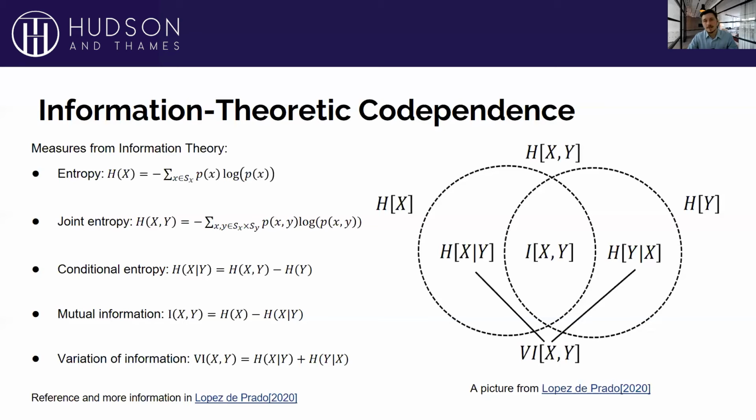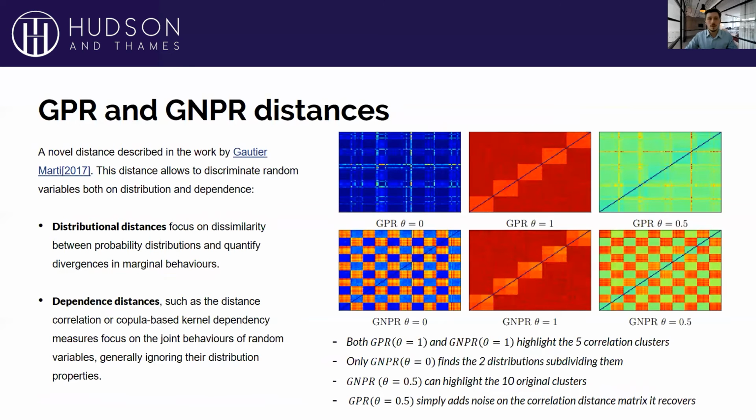And this is a true metric that can be used for clustering applications or the portfolio optimization applications that require clustering as one of the steps of the algorithm. Now to the GPR and the GNPR distances. So the GPR is a generic parametric representation, and the GNPR is a generic non-parametric representation distance.